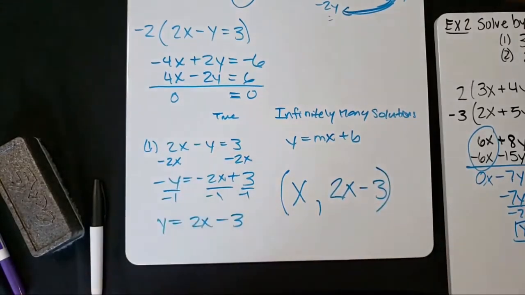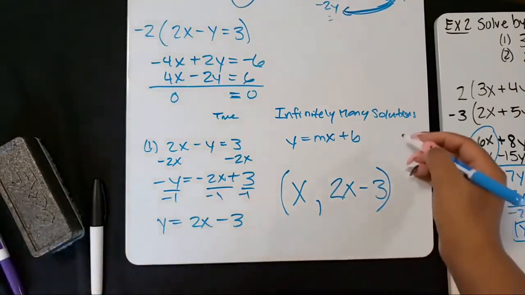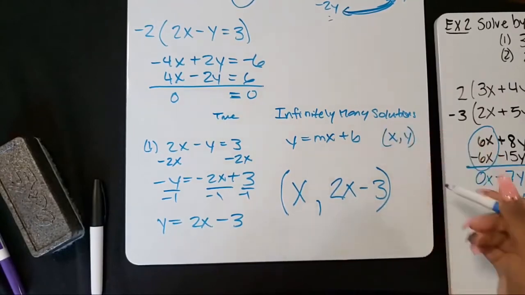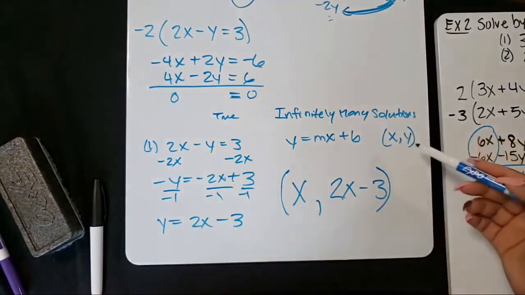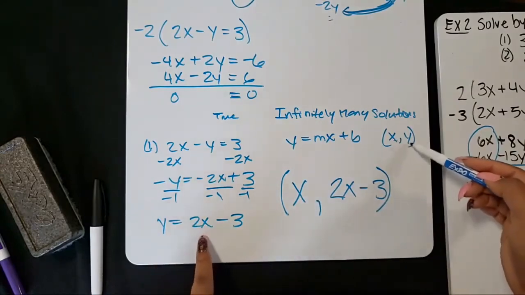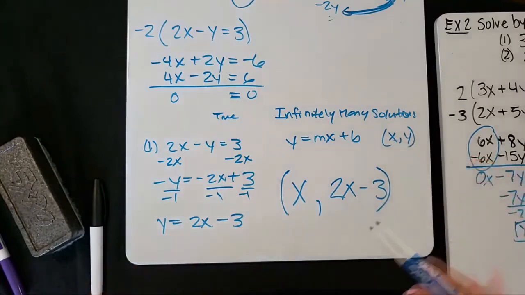So basically what you're doing, because this is the same line and it's infinitely many solutions, that means that whatever x you put into here is going to give you a y. And so instead of saying that your answer is xy, it's x, and then you plug this in for y. I hope y'all understand that.